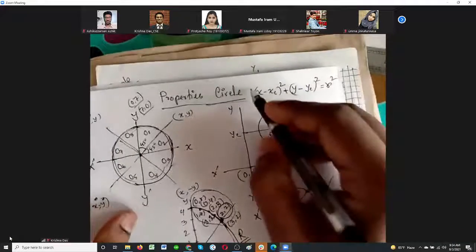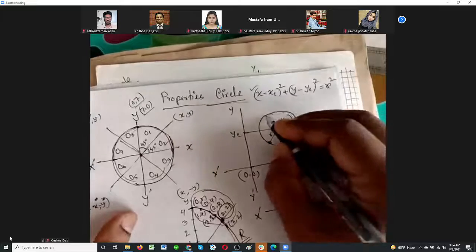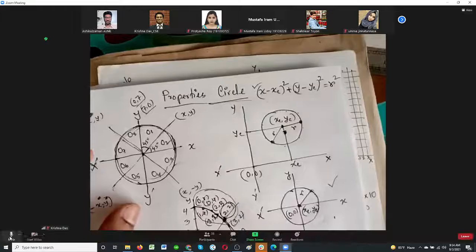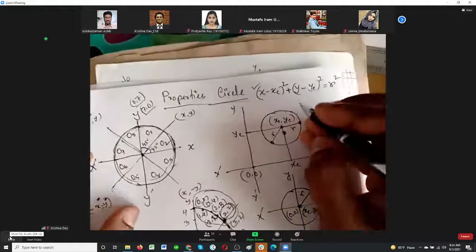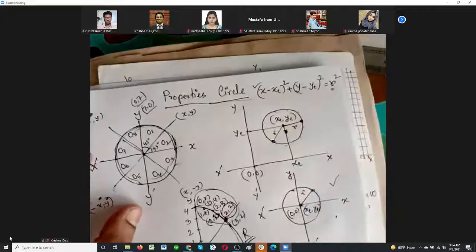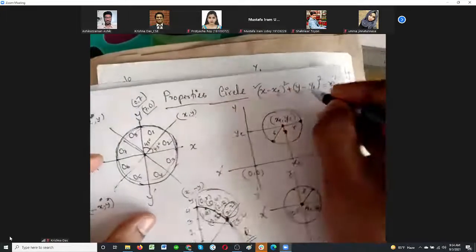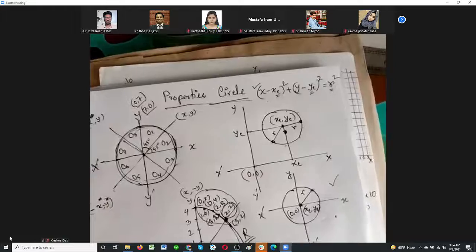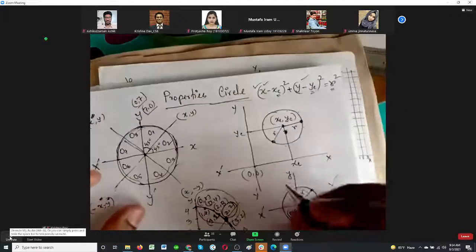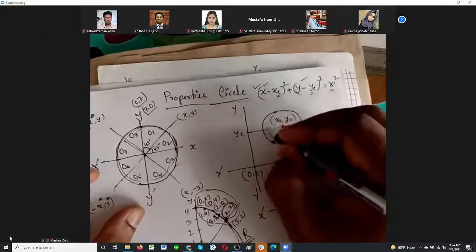So whatever equation we are saying, these are the points on the circumference. This is justified with the same radius value because it is constant. And the variables are x and y, which are any point of the circumference.